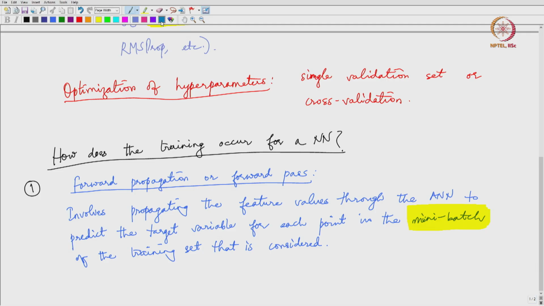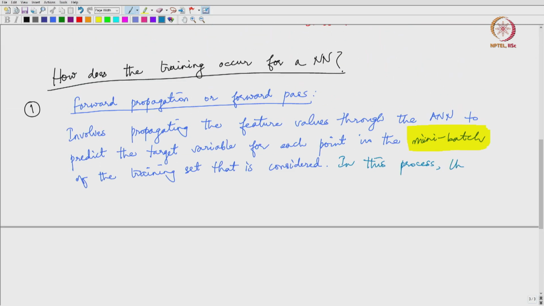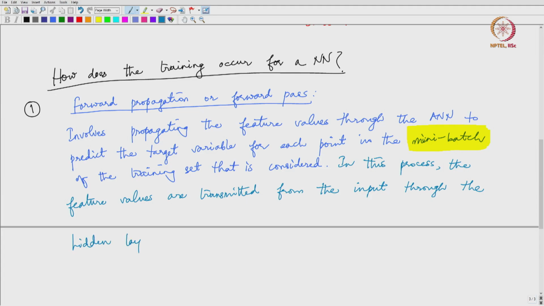In this process the feature values are transmitted from the input through the hidden layers to the output layer.